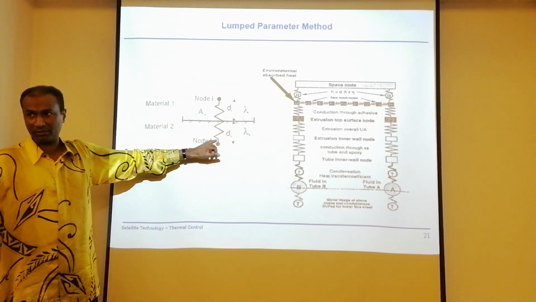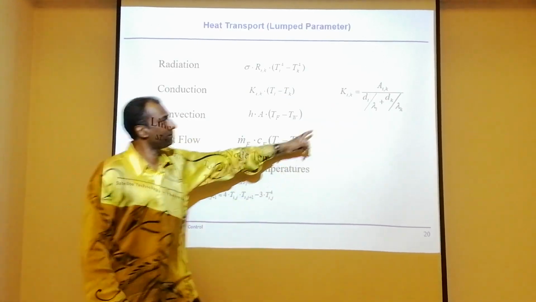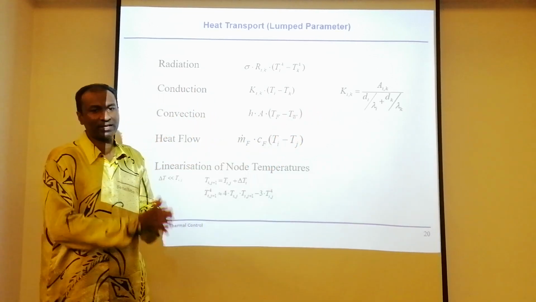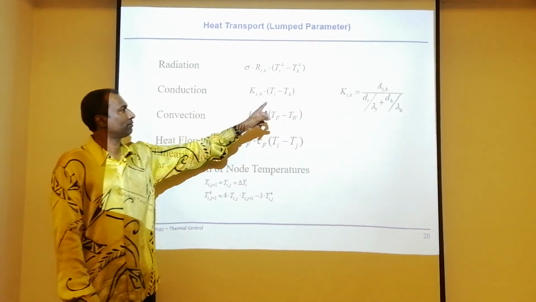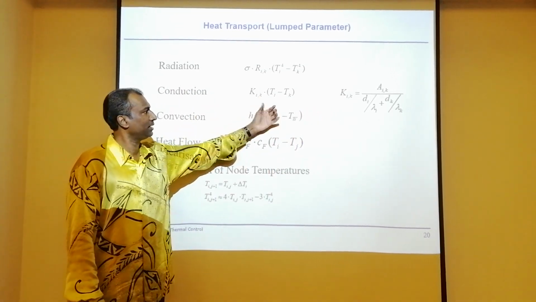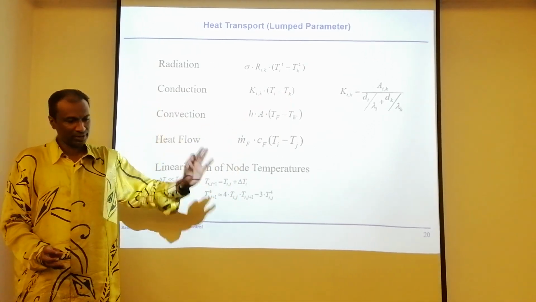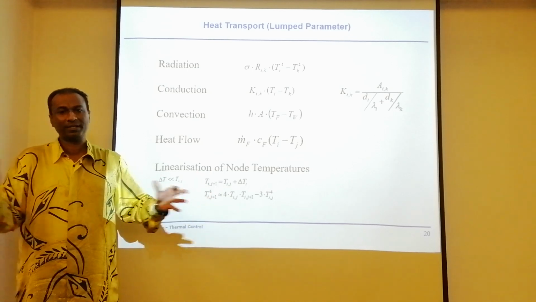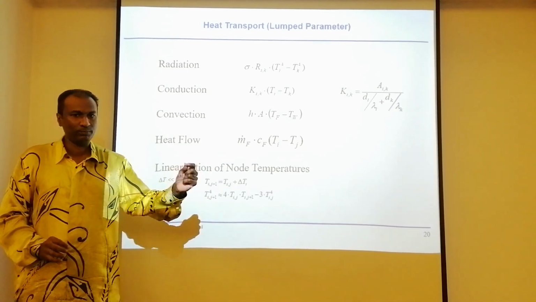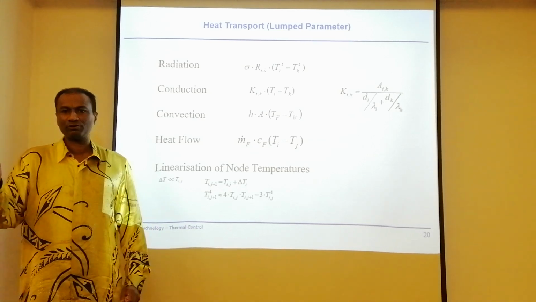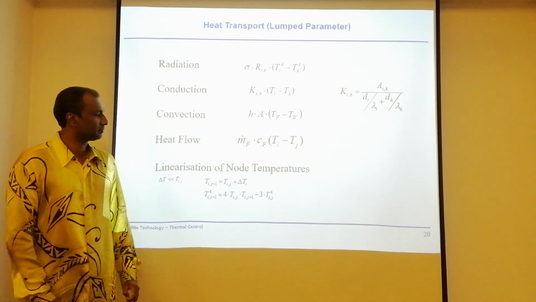Accordingly I should be able to estimate the k conductance. Once k is done, I use the k, and based on that, the temperature from point A to point B can be calculated. Normally one should be measured or known, and the other temperature should be calculated. That's how it is, right?